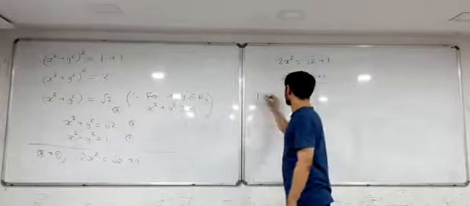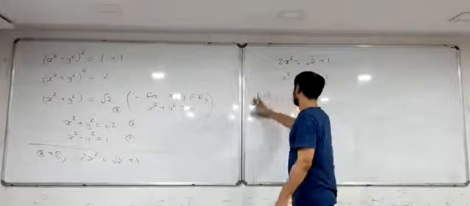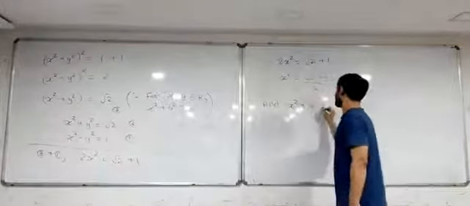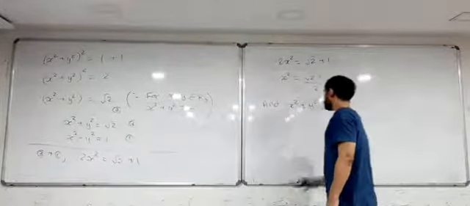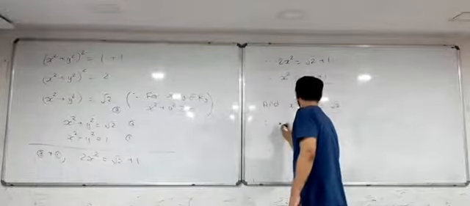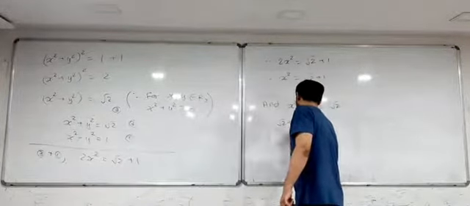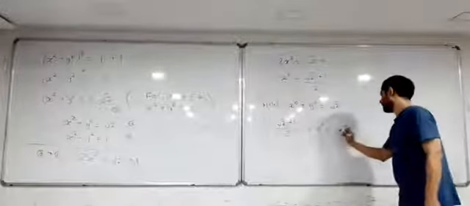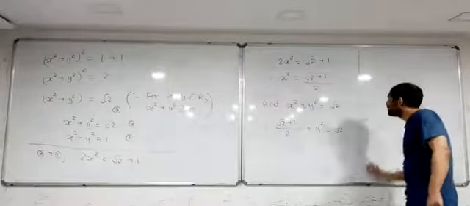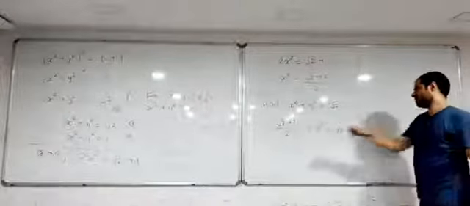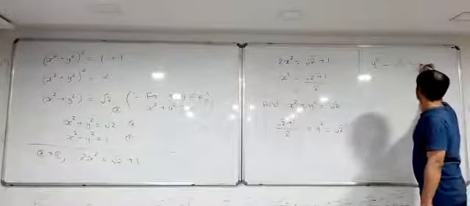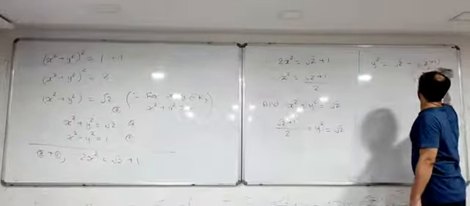Now x square minus y square, and x square plus y square is root 2. So x square is root 2 plus 1 upon 2, plus y square. Substitute y square here: root 2 minus root 2 plus 1 whole by 2.